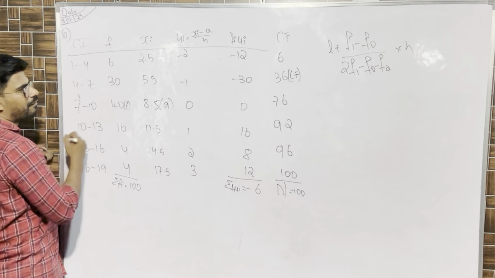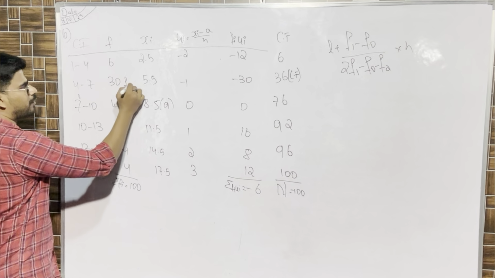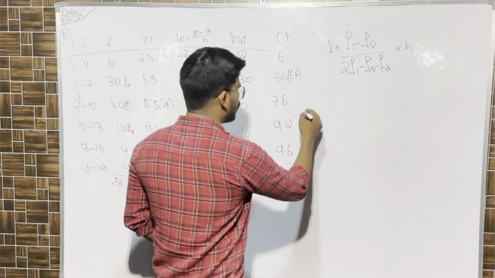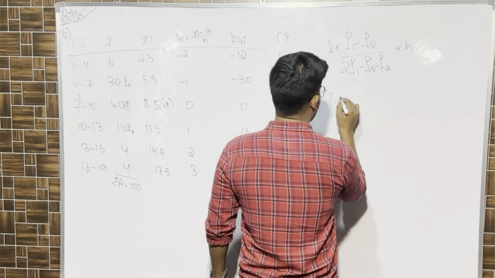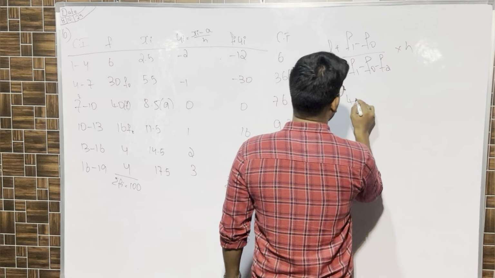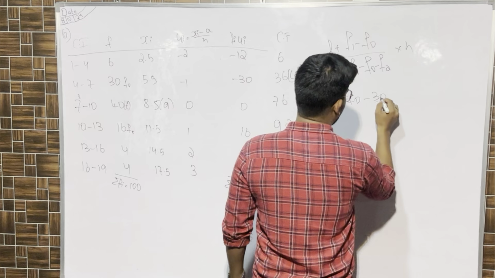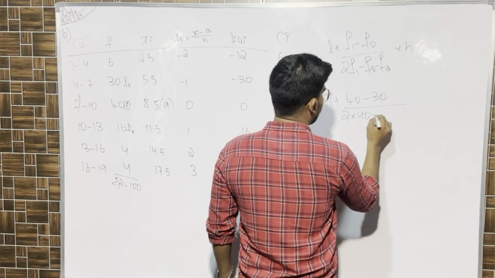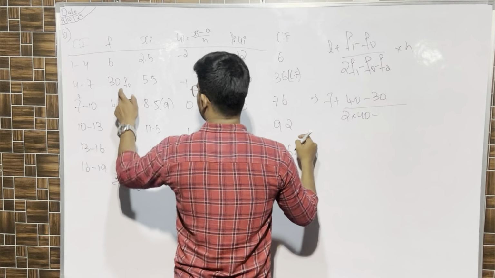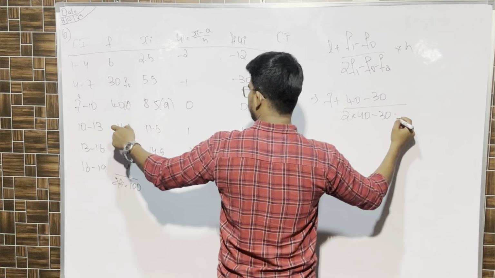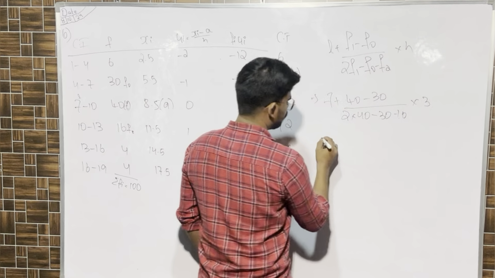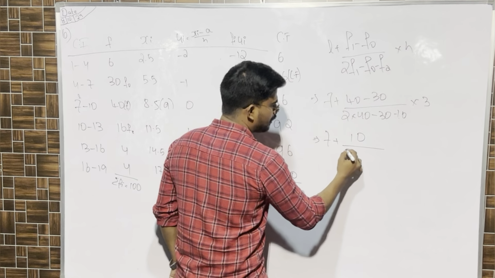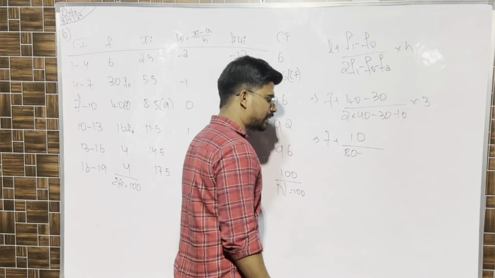This is F1, that is F0, F2. We have all the values. Let us substitute here. What is the value of L? 7 plus (F1 40 minus F0 30) by (2F1, 2 into 40, minus 30, minus 16) into 3. 7 plus 10, 80 minus 46.